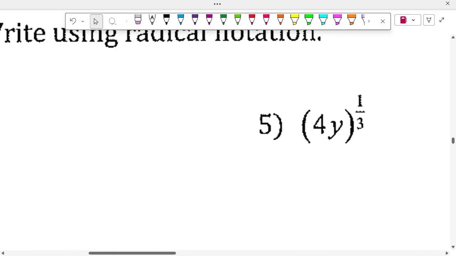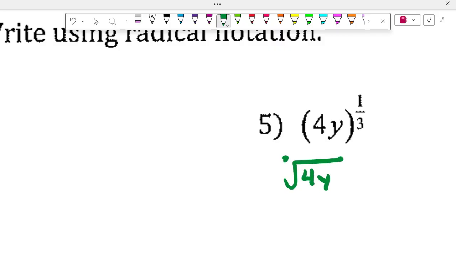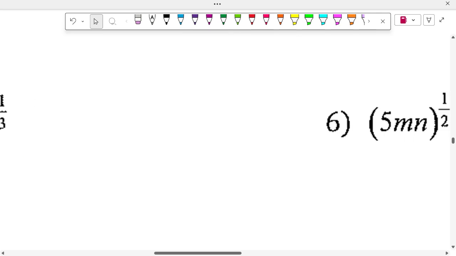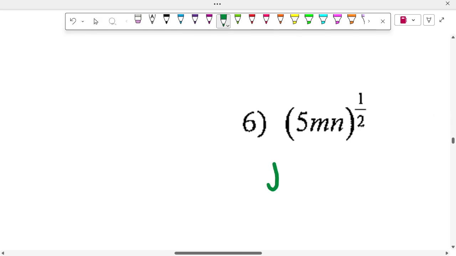What about this one? 4y is underneath the radical, and it's a cube root. And the same thing with this one. 5mn is all under the radical. And what type of radical is it? Square root.